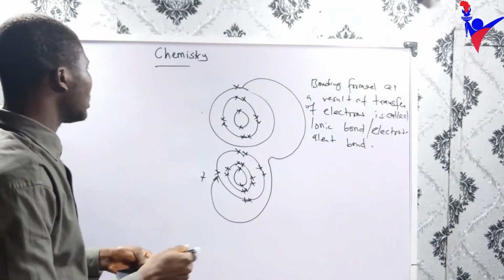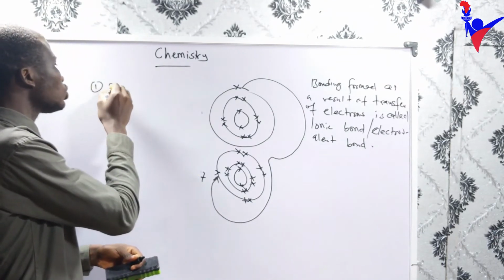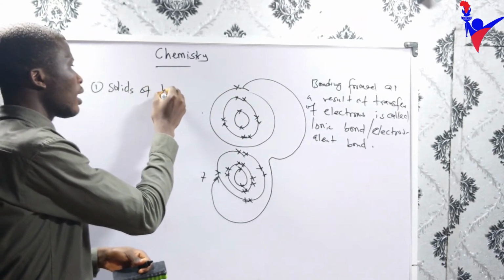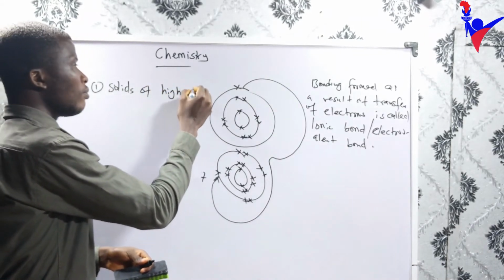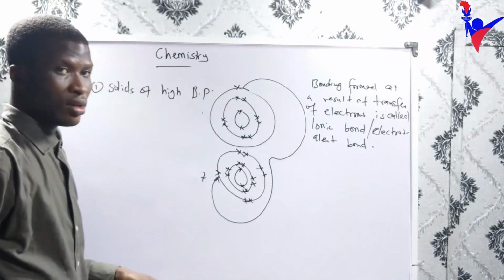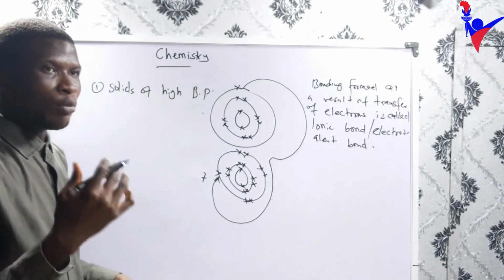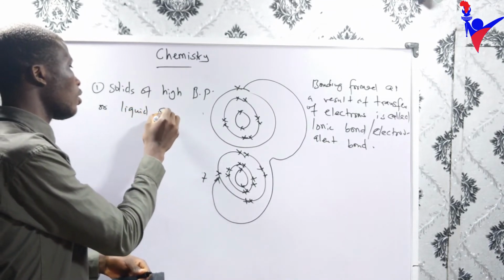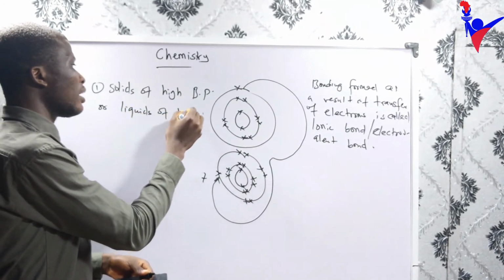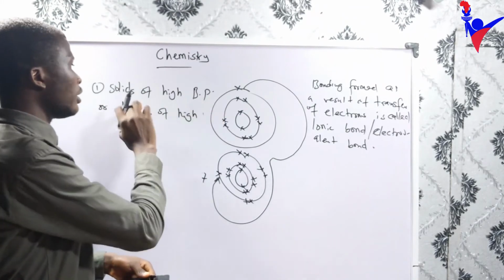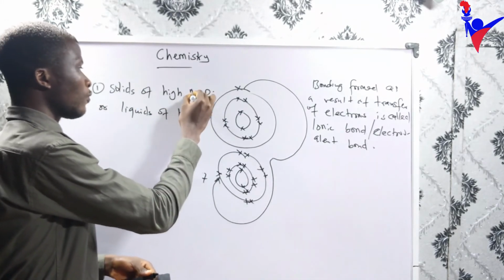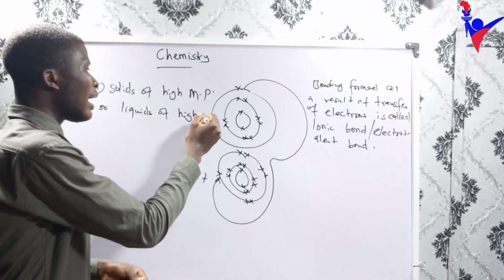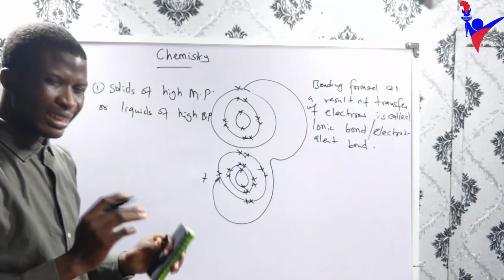Number one thing is that they are always solids of high melting point. Of course, you know, solids will melt to become liquid, and they are always liquids of high boiling point. That's number one.